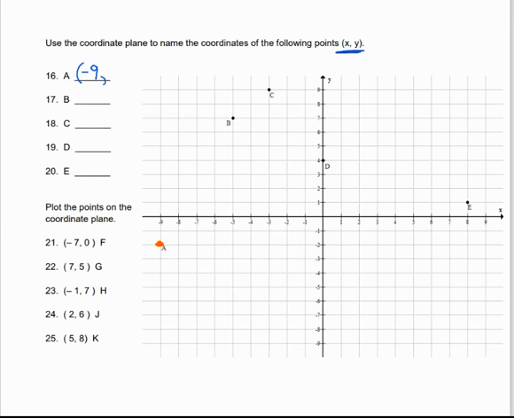And then our Y value? Max? -2. Good. Okay. So again, here was the -9, and then this -2 is why we're here at A. Does anyone have any questions with those? If it's on an axis, remember it's okay to have 0 as a coordinate.